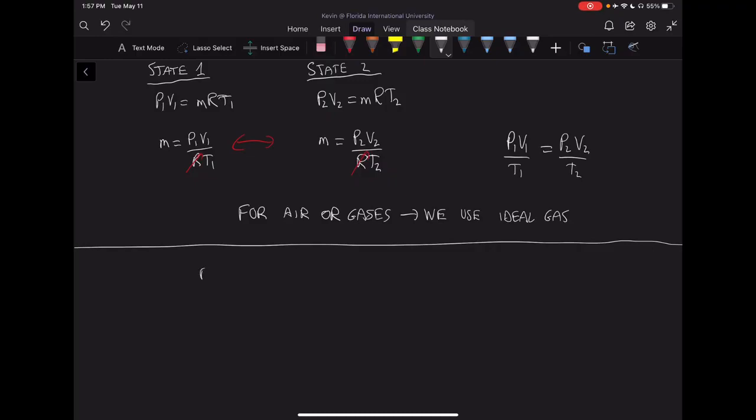So before a trip, we're told that the gauge pressure, the pressure that you measure on your tire, is equal to 210 kilopascals. And this is of a car tire.